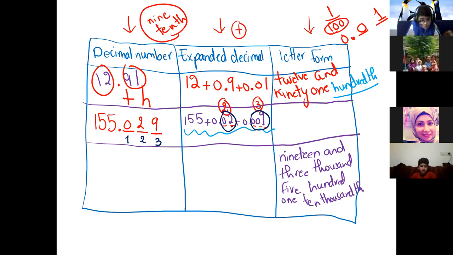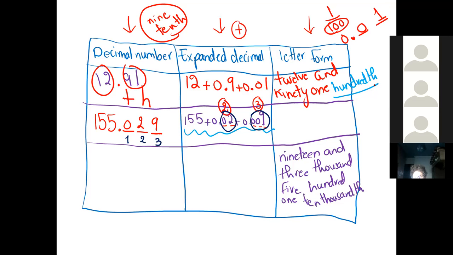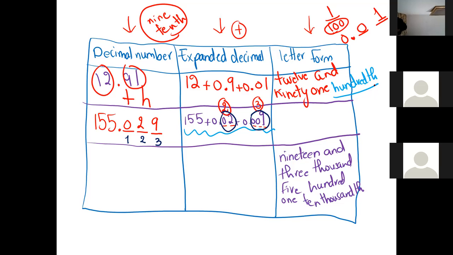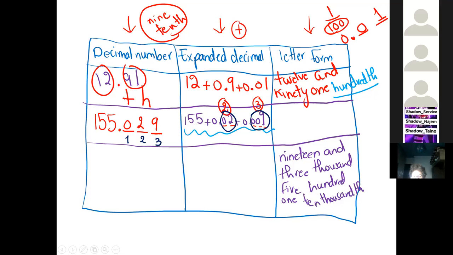Okay, teacher? How do we write it now in letters? How do we write 155.029 in letters? 155 and what?